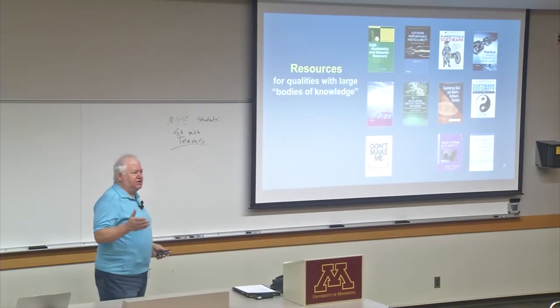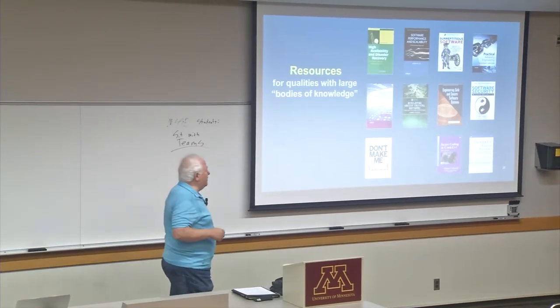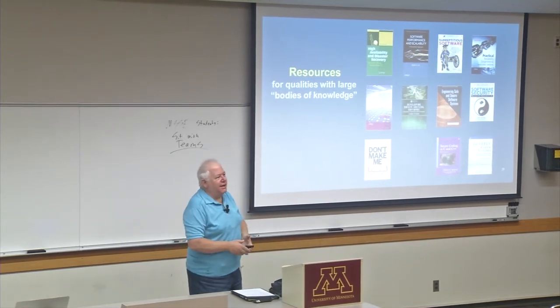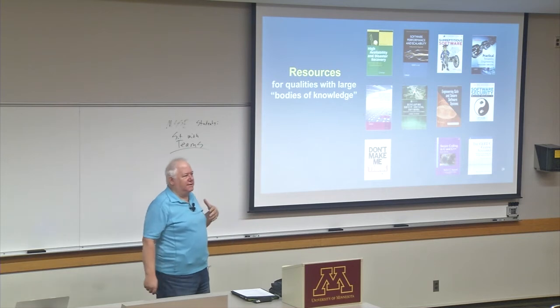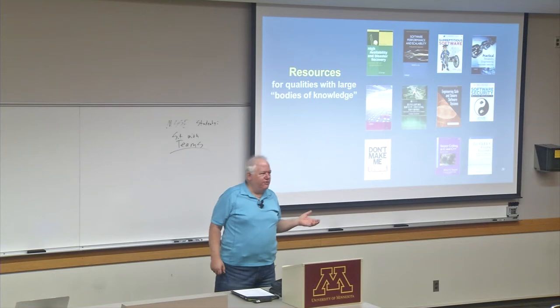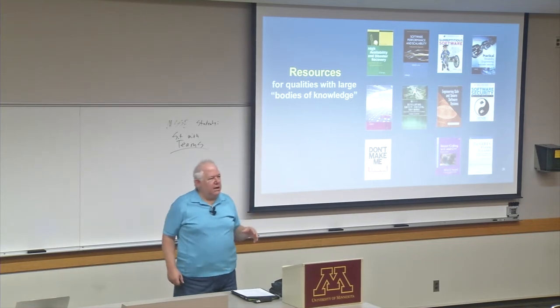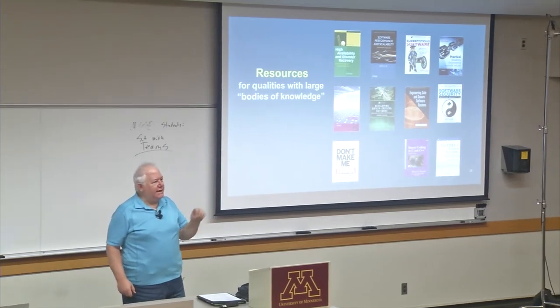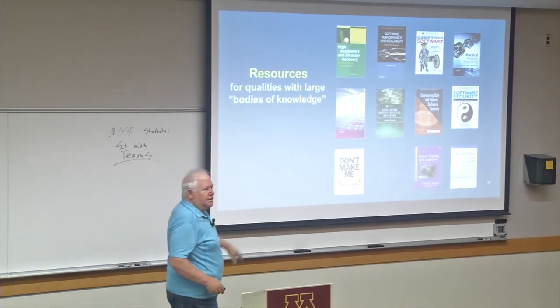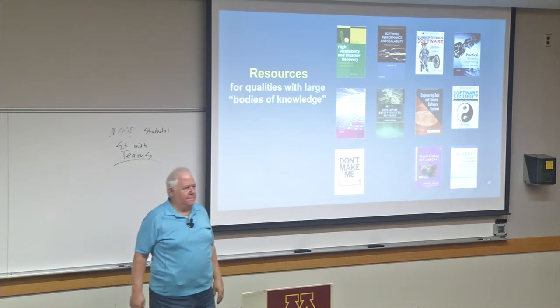You've got books on security. Well, the model is not meant to have all information on the planet in the model, but it should point to major sources of good information, right, about this particular quality attribute. So some of them have lots of information, some of them not so much.